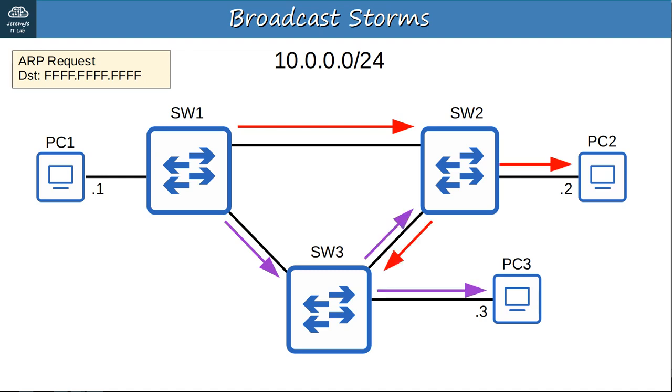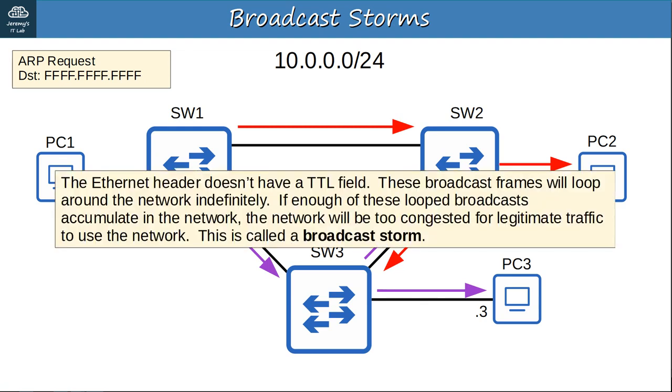This will continue forever. Do you remember the TTL, or time to live field of the IP header? It is used to prevent infinite loops at layer 3. But the Ethernet header doesn't have a TTL field. These broadcast frames will loop around the network indefinitely. If enough of these looped broadcasts accumulate, the network will be too congested for legitimate traffic to use the network.